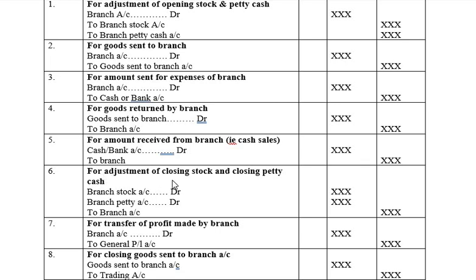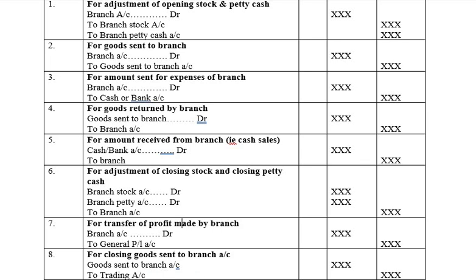Next, for adjustment of closing stock and closing petty cash, the entry is branch stock account debit, branch petty cash account debit to branch account. For transfer of profit made by branch, branch account debit to general profit and loss account. By closing goods sent to branch account, that is closing stock, goods sent to branch account debit to trading account.